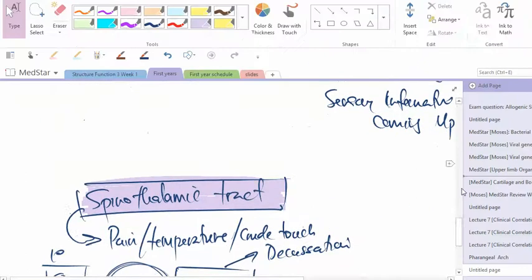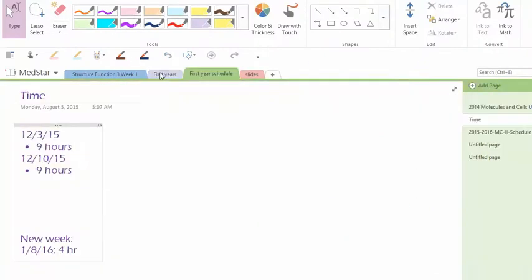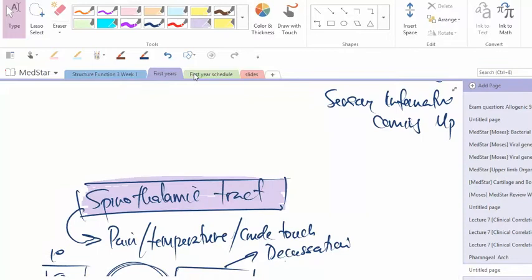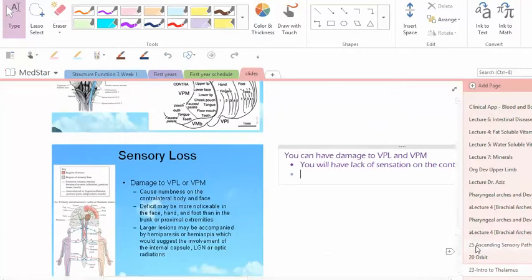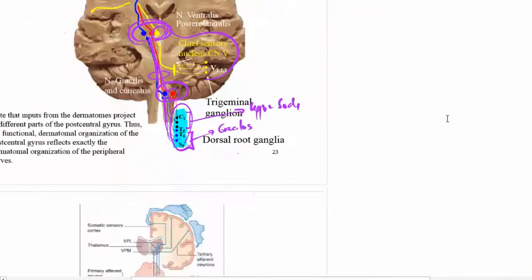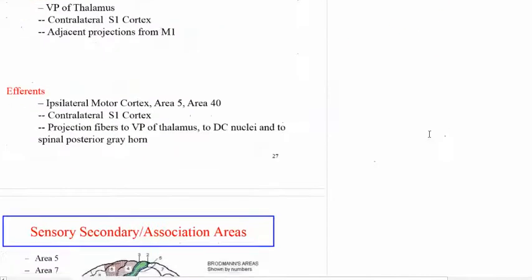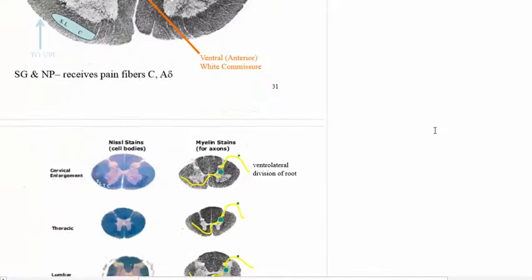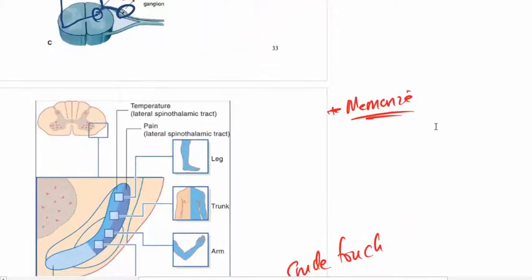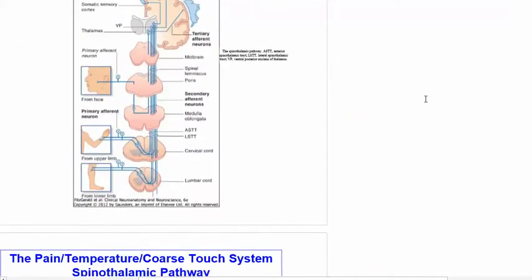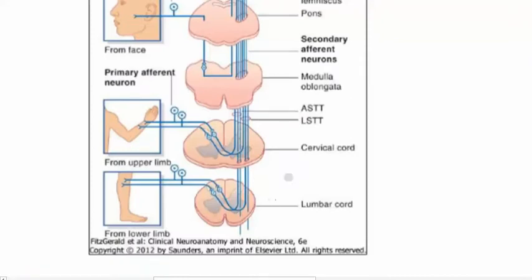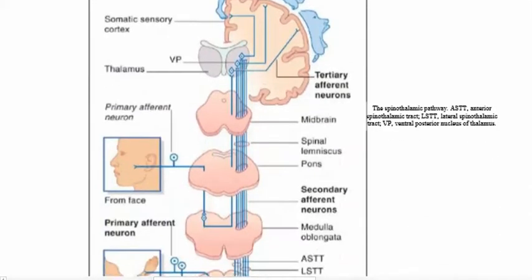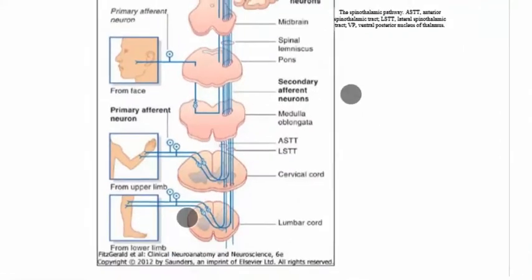Let me go back to the, all right, okay, it's a depiction of your spinothalamic tract, right?